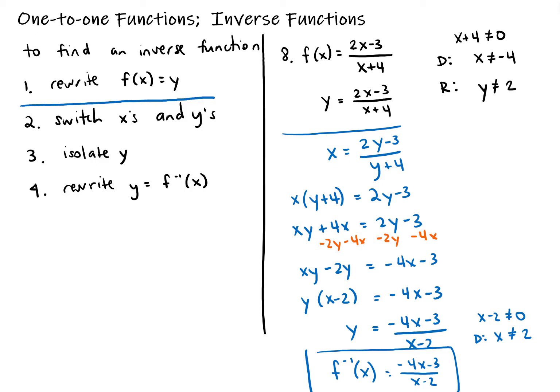I'm grabbing that information from the domain of the f inverse. And because I originally found the original domain that x is not equal to negative 4, that tells me that my range is y is not equal to negative 4. And so my domain and ranges for my f and my f inverse get switched.